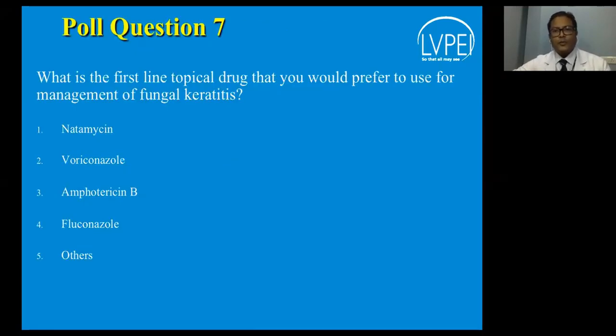Now, as a group, what does the group feel? What would be the first line topical management that you would prefer for the management of fungal keratitis?